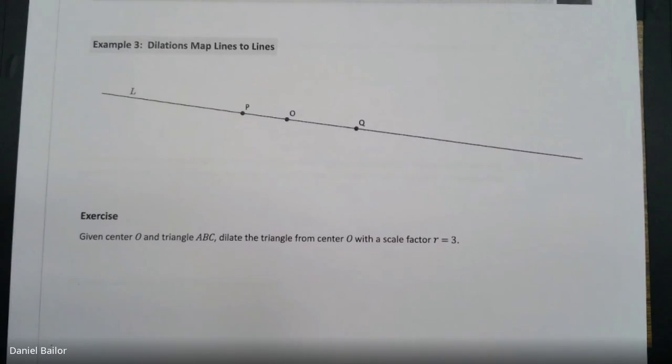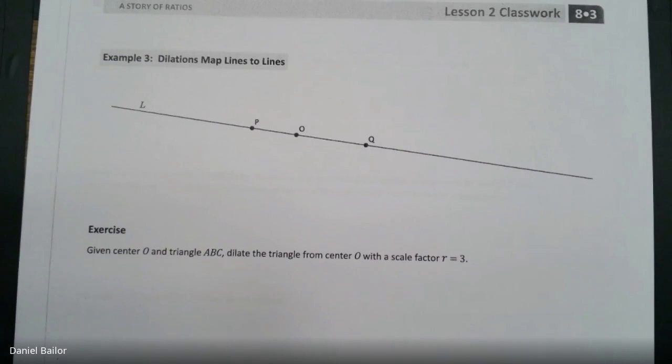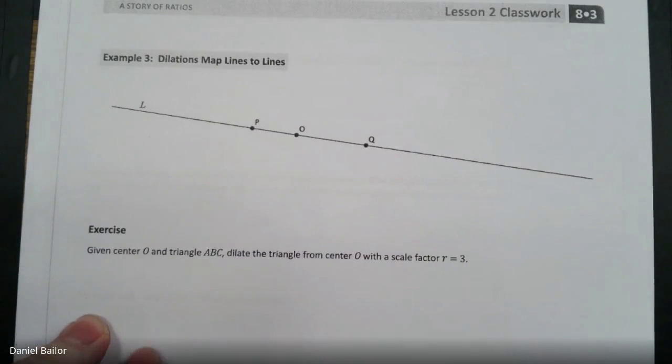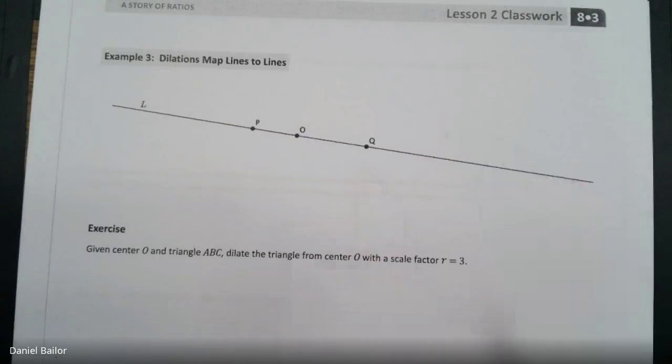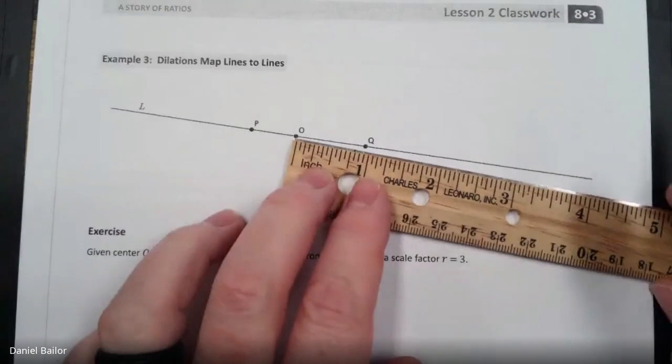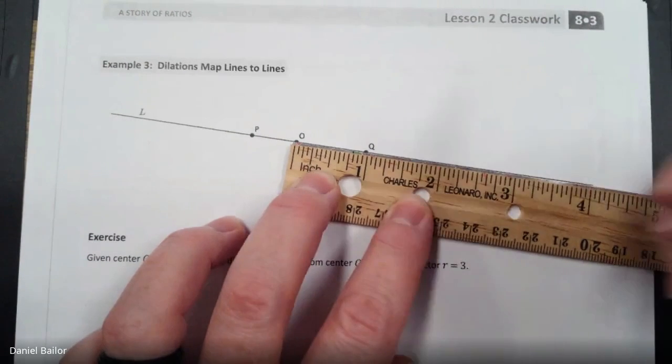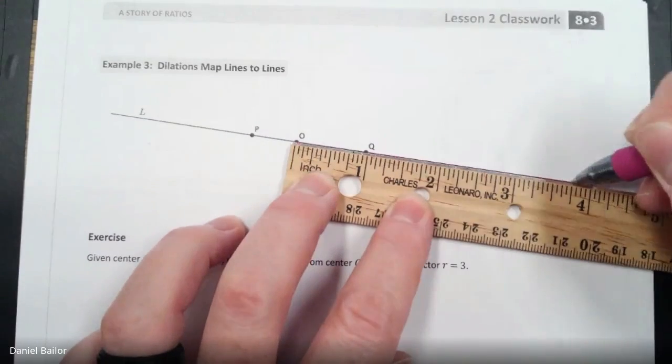So step 1, I found the figure and the center. The figure is line L, the center is O. Step 2, draw rays that connect the center with points on the figure. So the rays, this is going to be a little bit freaky maybe. The rays actually go in this direction.